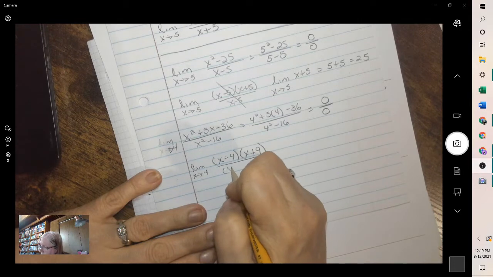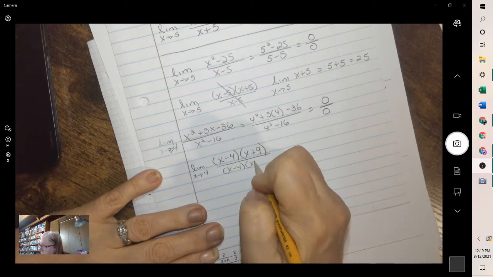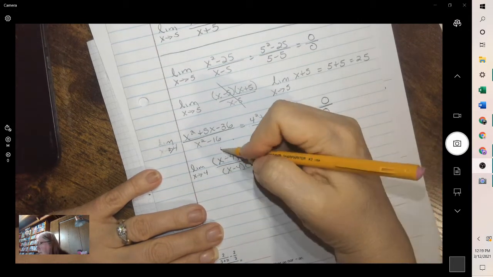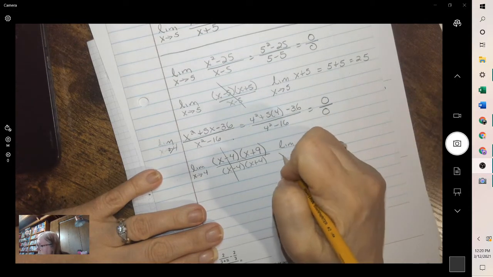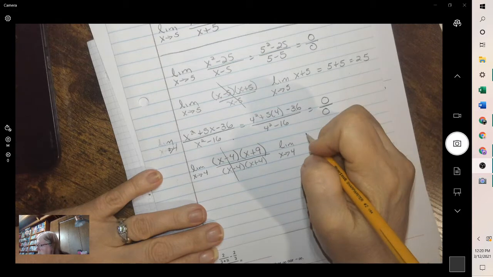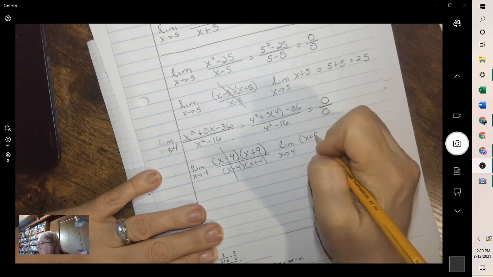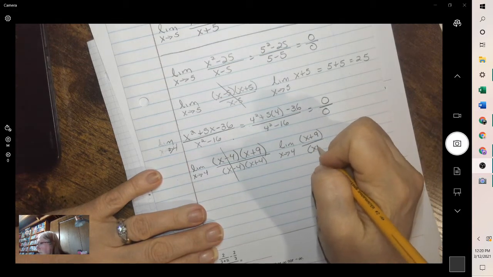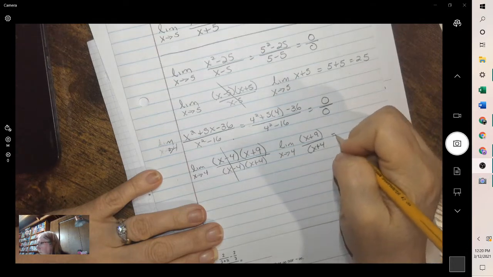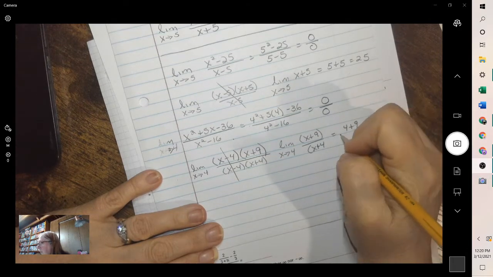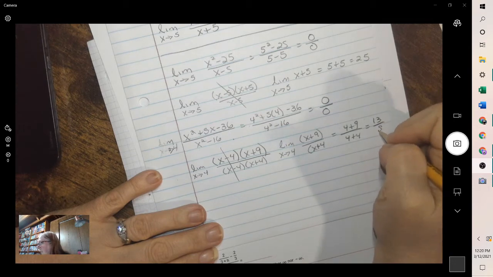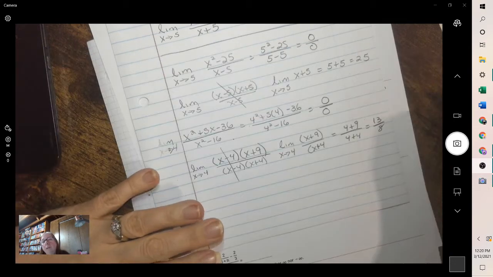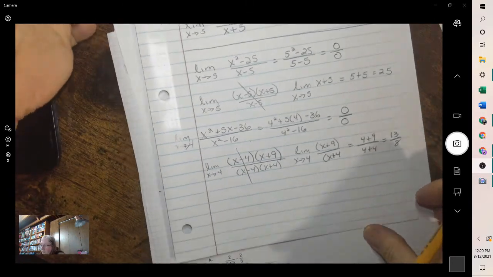And on the bottom, x minus 4 and x plus 4. The x minus 4's cancel. So then we go back and plug it in again. We have 4 plus 9 over 4 plus 4, which is 13/8. So when you can simplify, you need to go back and simplify.